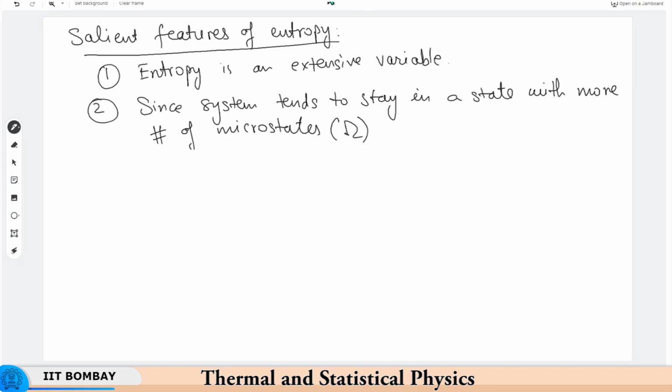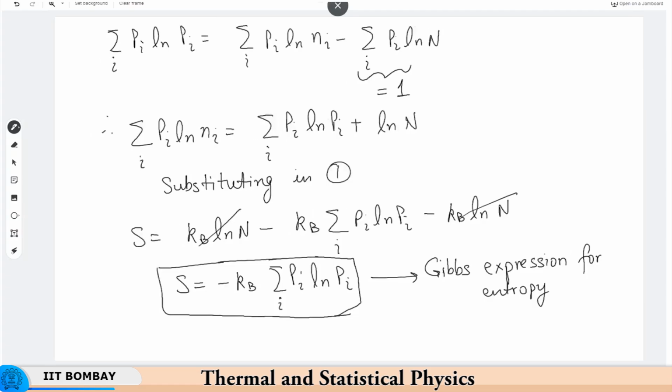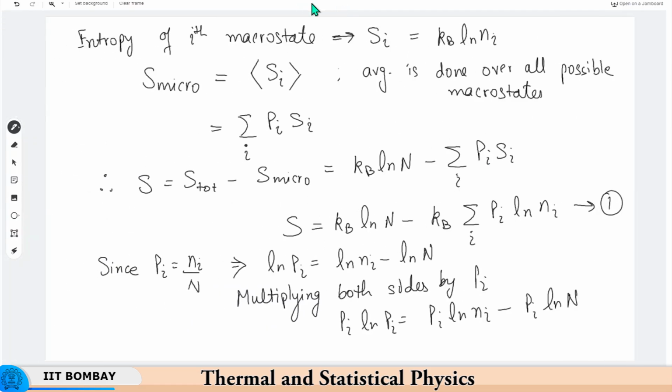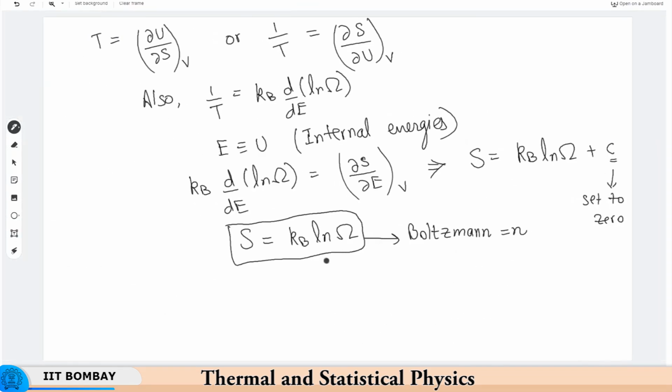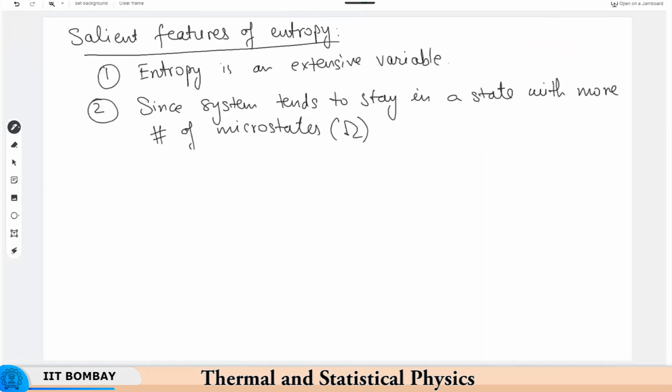Entropy is just proportional to that quantity omega. So it's natural to assume that the entropy associated with that also maximizes, which implies maximizing entropy.